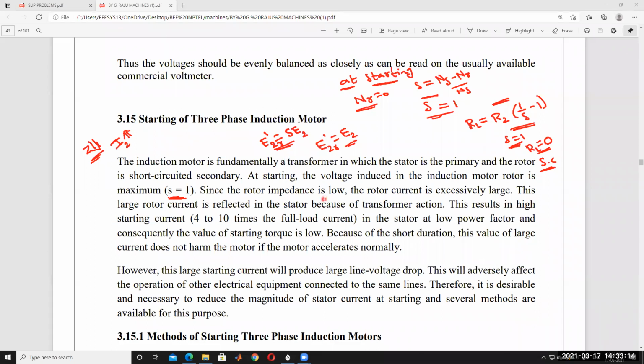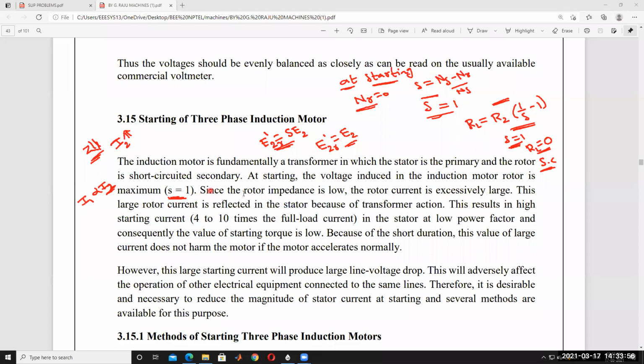This large rotor current is reflected in the stator because of transformer action. Same as a transformer, the primary current is proportional to the secondary current. I1 is proportional to I2. This is called the secondary current of the induction motor. Secondary current drawn from the supply is more. If the secondary current increases, the primary current also increases.